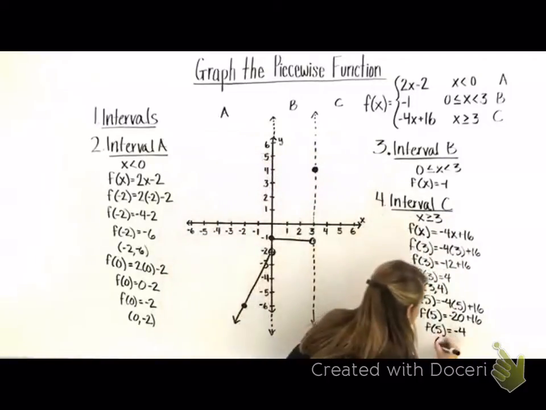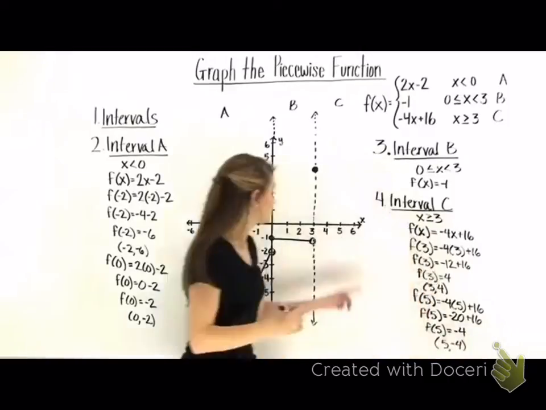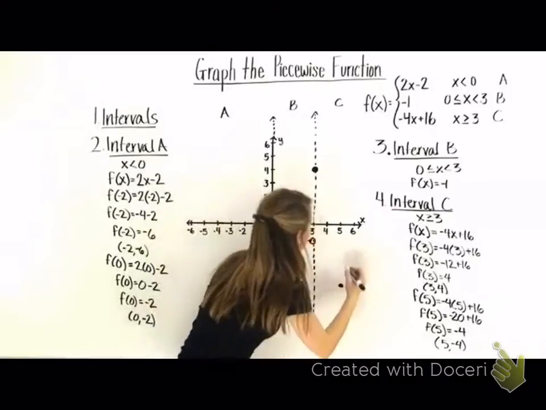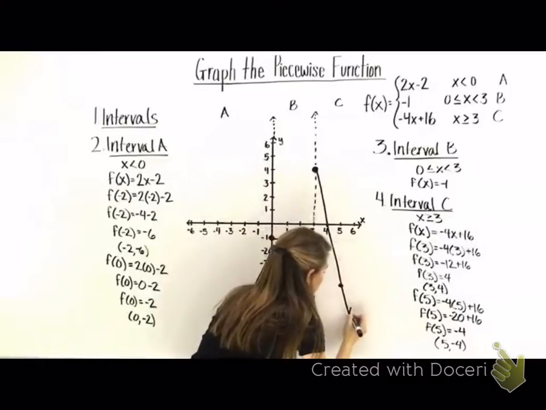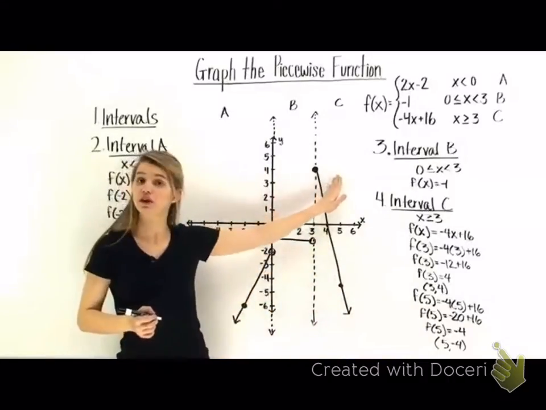So we need to graph the point 5, negative 4. So this portion of the graph looks something like this. And again, we have an arrow because this is for x values greater than or equal to 3.